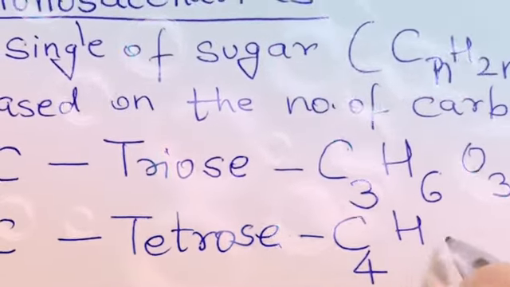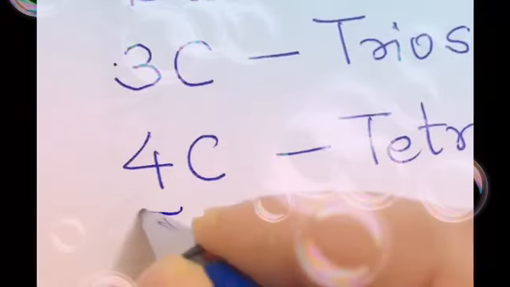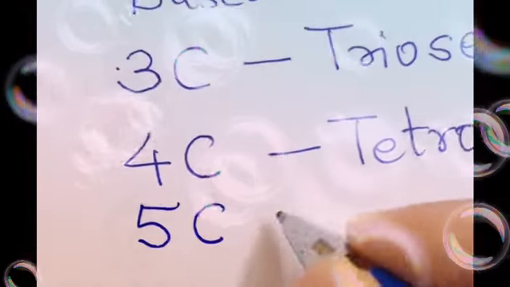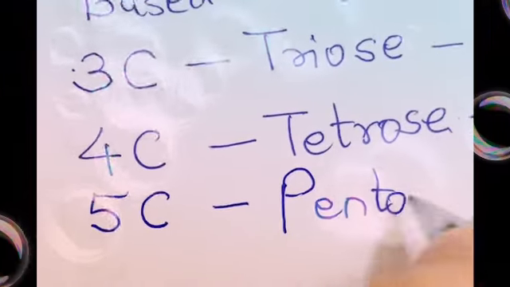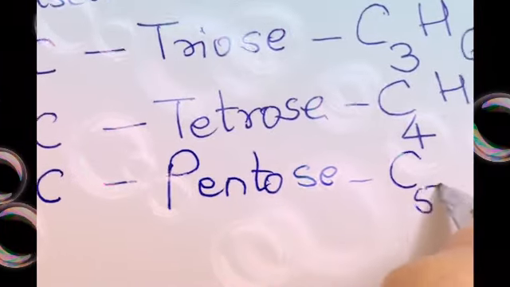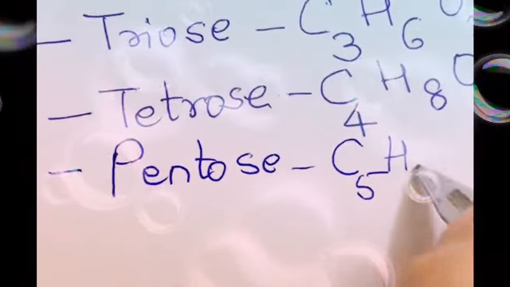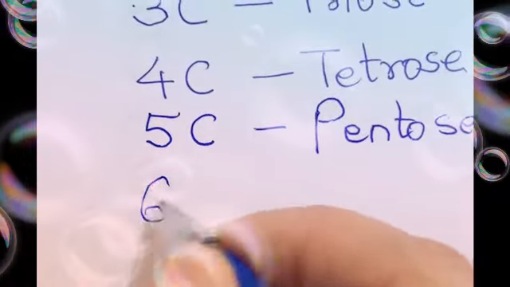So H will be 8, O will be 4. And if it's 5 carbon, then it's written as pentose, and the chemical formula will be C5H10O5.